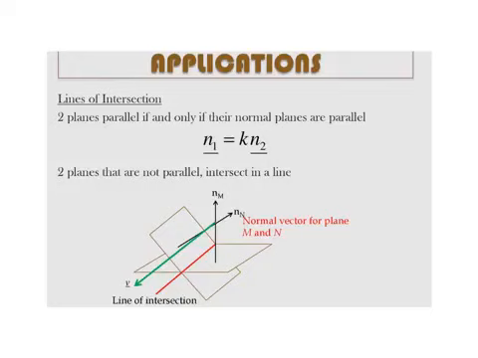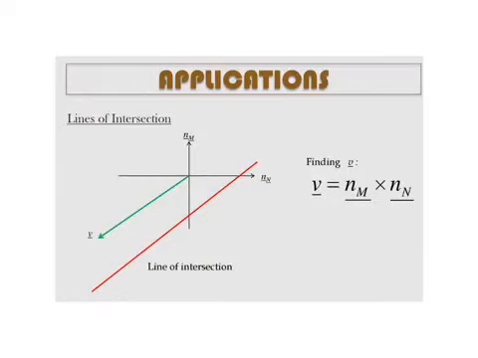If we have two planes m and n, with normal vectors nm and capital N, as easily shown in the figure, the intersection of these two non-parallel planes gives a line. The direction vector v of this line is given by the cross product of the normal vector of plane m with the normal vector of plane n.